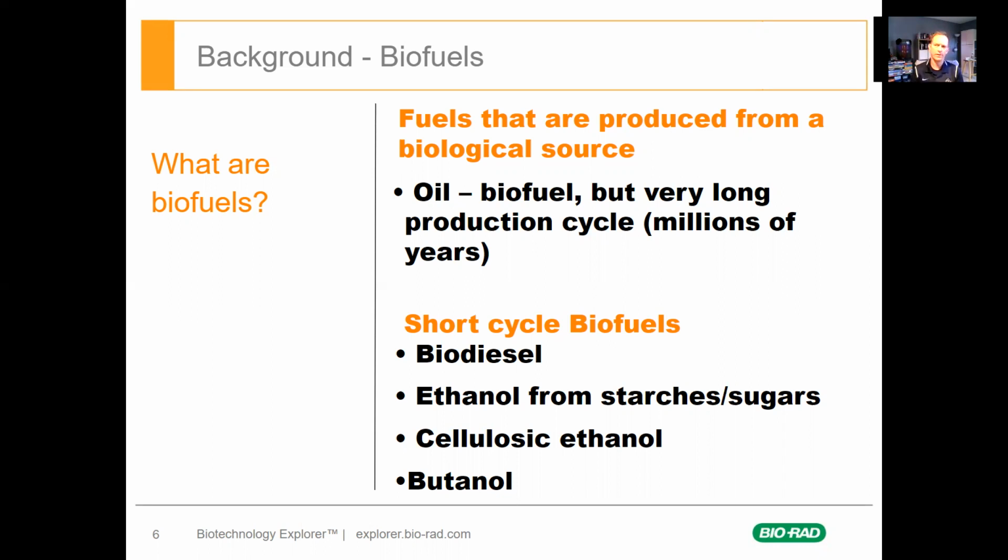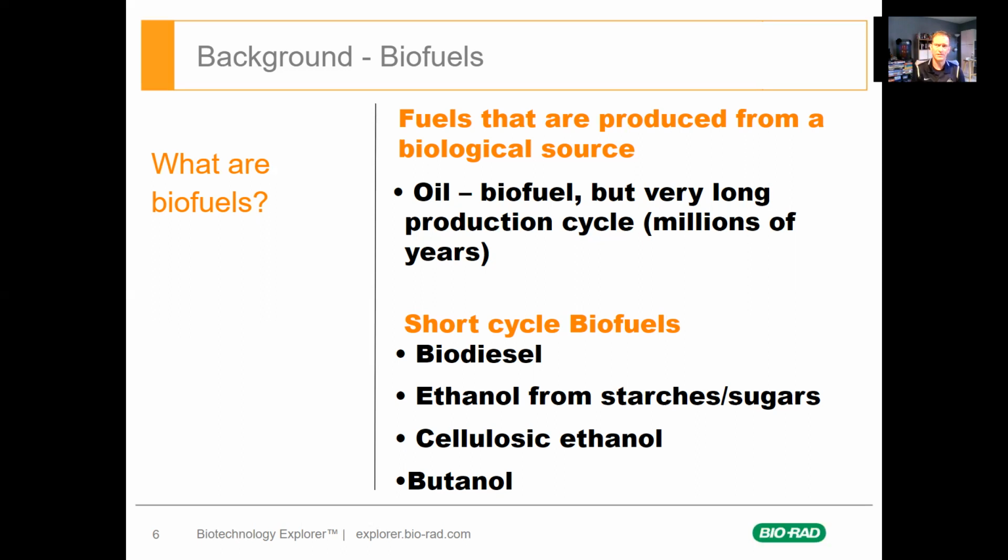So in order to get to it quicker, we need to find another way. Technology and studies have come about where we can move to short cycle biofuels: biodiesel, ethanol from starch sugars, cellulosic ethanol. Butanol is basically bigger. Ethyl alcohol, ethanol, is stuff some people drink, but you can use it for things.